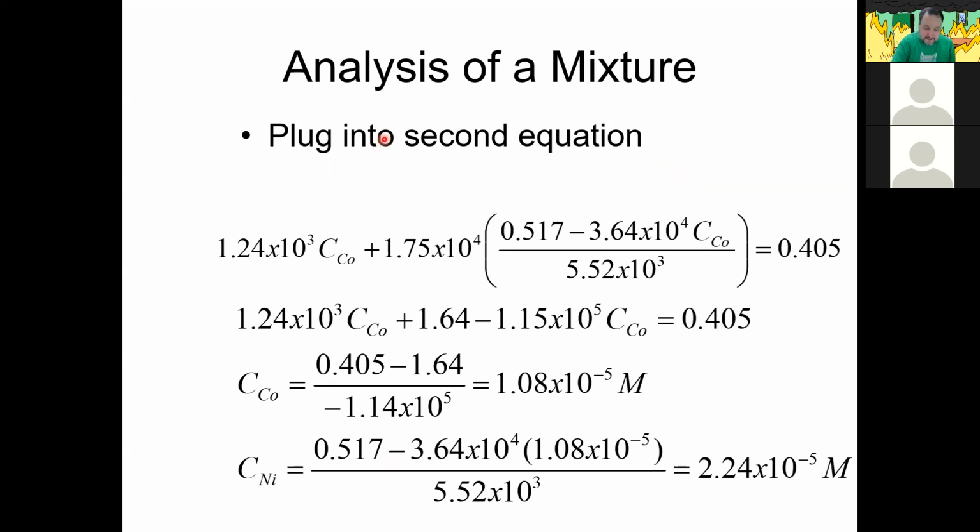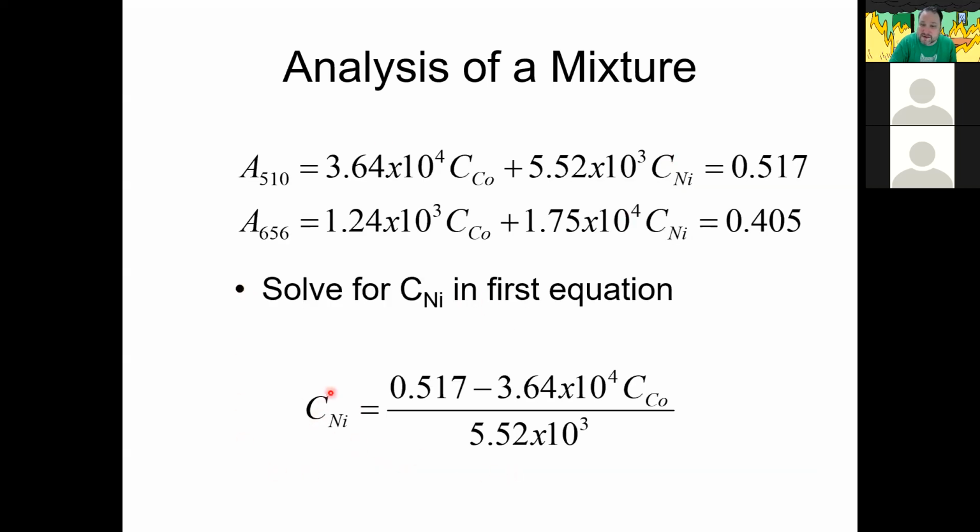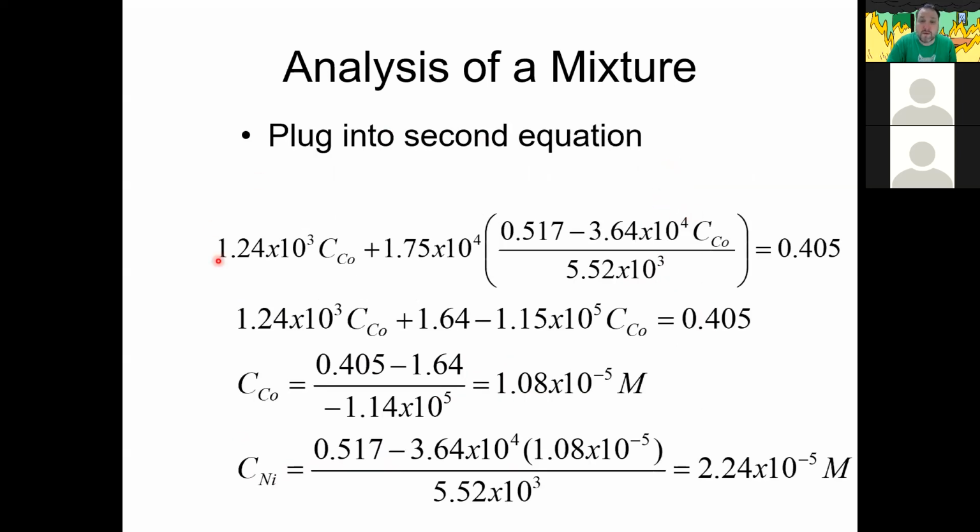We're going to take this equation here where it says concentration of nickel, and the concentration of nickel over here, we're just going to take this whole thing and plug it into there. And so now we get 1.24 times 10 to the third times the concentration of cobalt plus 1.75 times 10 to the fourth times, and this is where our concentration of nickel was, 5.517 minus 0.364 times 10 to the fourth times the concentration of cobalt, over 5.52 times 10 to the third, is equal to 0.405.